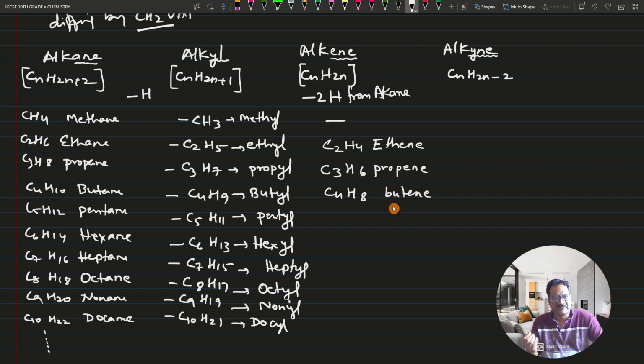Then C5H10, this will become pentene. C6H12, hexene, ending with ene. All these are the alkene group. C7H14, heptene.